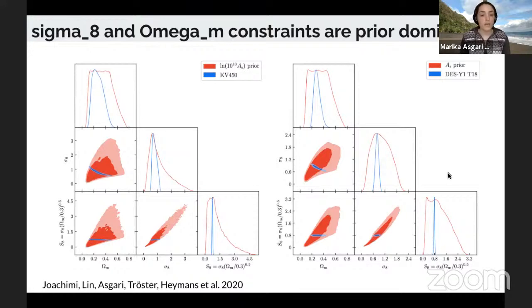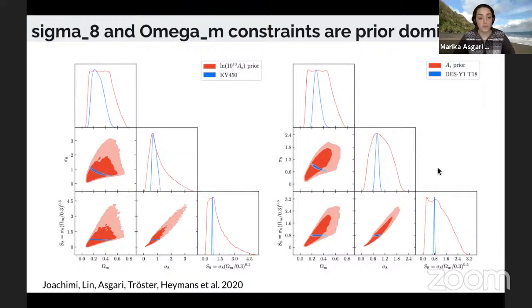Now, luckily, for the range that we're interested in, so between like 0.6 and 0.9, the prior is relatively flat in both cases. So it shouldn't affect our constraints very much, but this is just a lucky coincidence, basically.